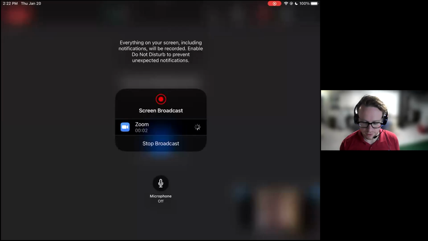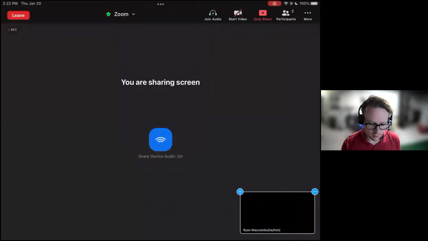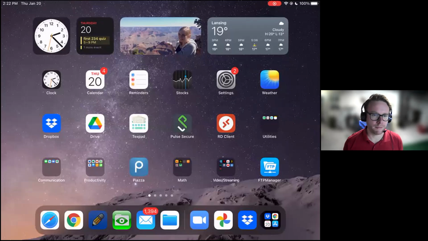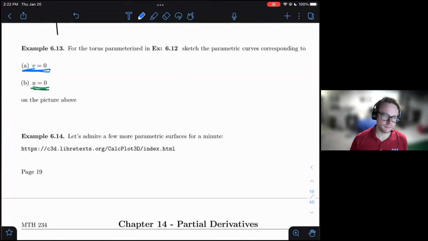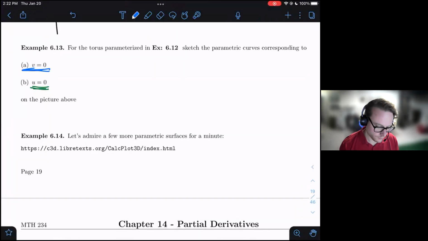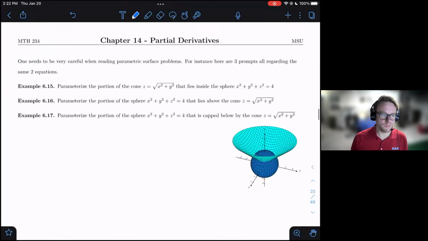The last bit is that, well, why don't we get some more practice on actually parametrizing some surfaces? So let me jump back here. The meat of this video is really in this page right here.